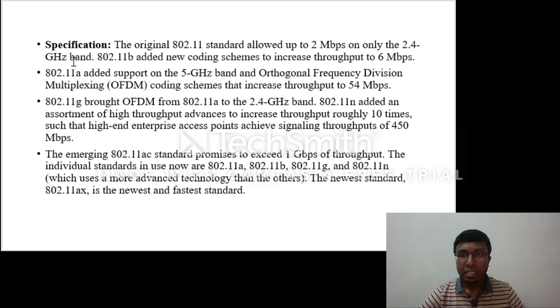The emerging 802.11ac standard promises to exceed 1 Gbps of throughput. The individual standards in use now are 802.11a, b, g, n, which use more advanced technology than others. The newest standards, 802.11ac and ax, are the fastest standards.